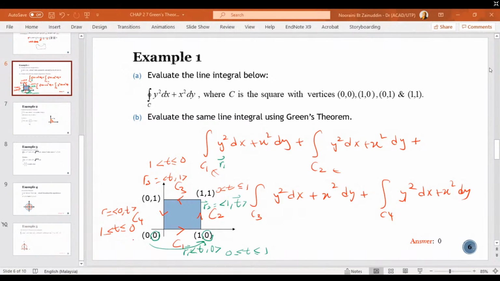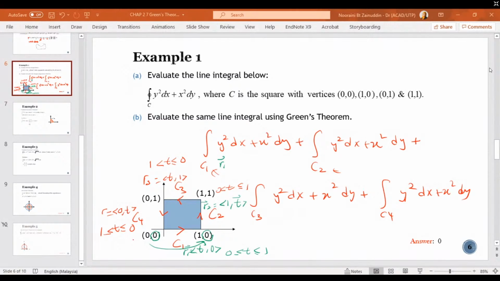You have 4 curves, so 4 different R. And then you put everything there, and your answer should be 0. That was for question A, before.